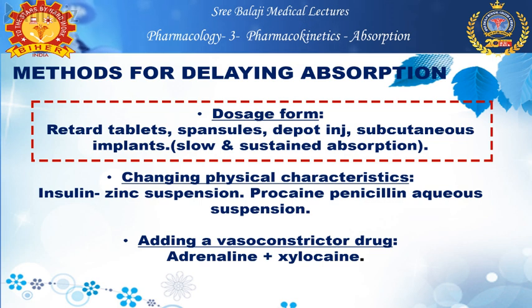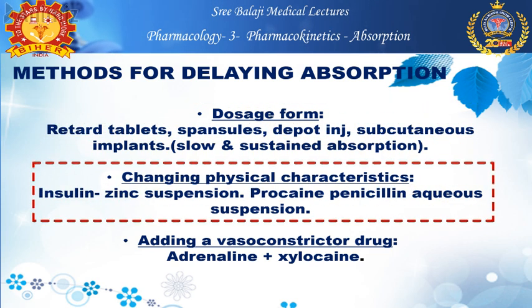So retard tablets, spansules, depot injection, subcutaneous implants, these are different formulations that will reduce or delay the absorption. It will give a slow and sustained absorption. When you change the formulation of a drug, like when a tablet is converted to a retard type of tablet or spansules or depot injections, there will be a slow and sustained absorption.